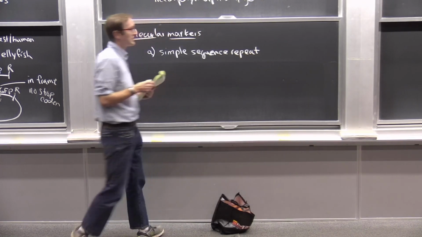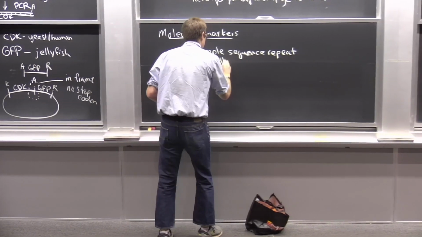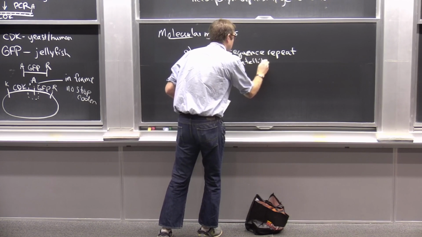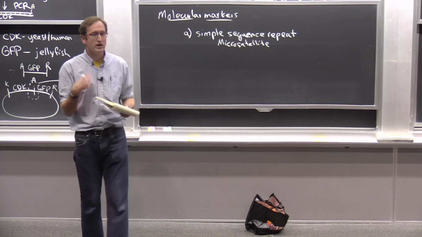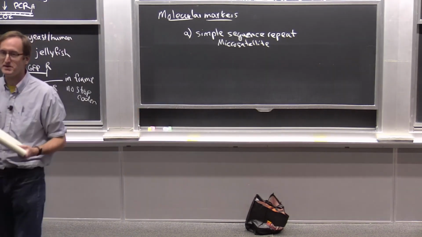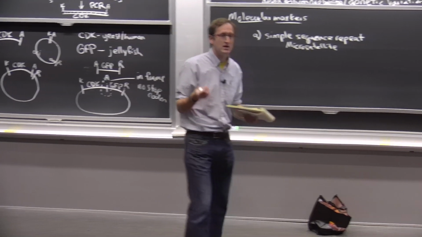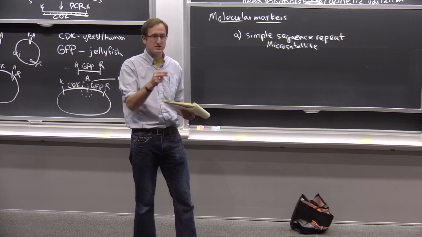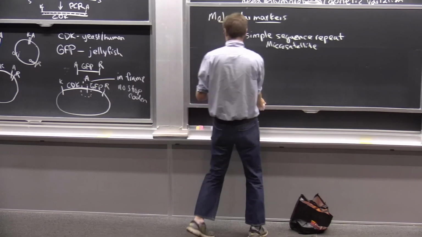So a simple sequence repeat is also known as a microsatellite. So you might see that term floating around if you're reading about this. And what a simple sequence repeat is, as the name implies, it's a simple sequence, like it could be a dinucleotide, like CA, and it's just a dinucleotide that's repeated over and over again, okay?